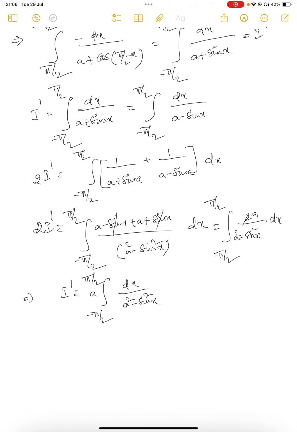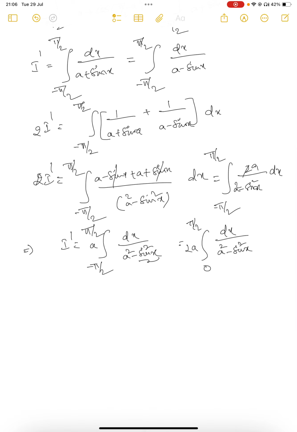As you can see here, because of sine square x, even sine of minus x will be sine x because of the square term. Then you can write it as 2 times 2a, 0 to pi by 2, dx by a square minus sine square x. That is, I prime equal to 2a into the integral 0 to pi by 2.